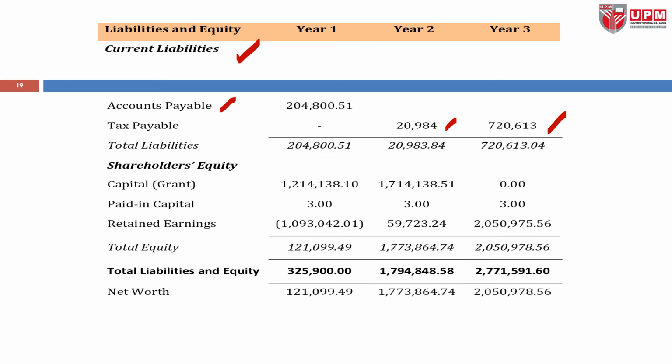So we have the amount of total equity for the first year, second year, and the third year, which is more than before. The total liabilities and equity can be calculated as such, and the net worth of the company can be projected as such. So we can see that the net worth of the company increases by $2 million in the final year.